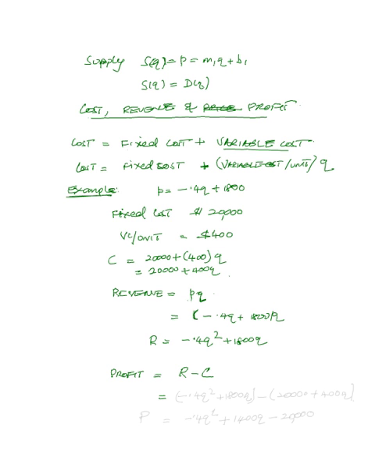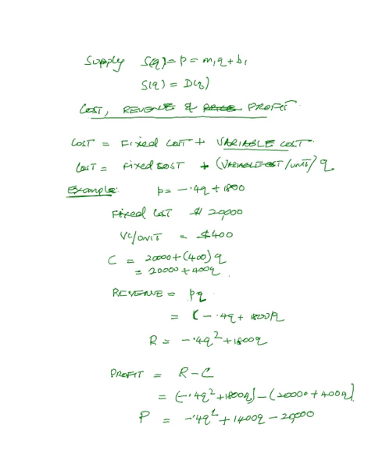The revenue is negative 0.4 Q squared plus 18,000 Q, minus the cost, which is 20,000 plus 400 Q. With a little algebraic manipulation, we will be able to get the profit function as negative 0.4 Q squared plus 1400 Q minus 20,000.